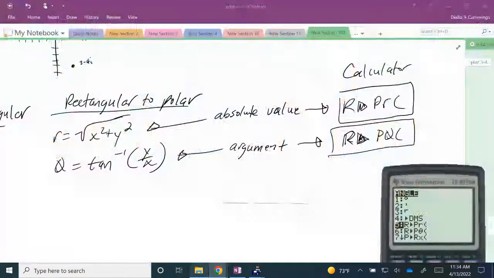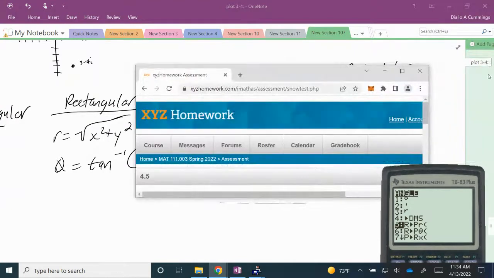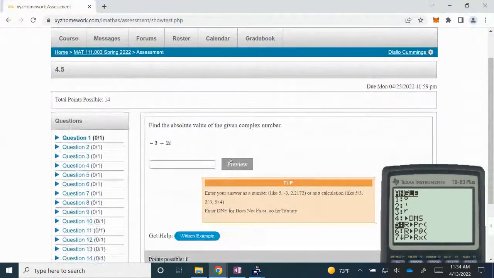Here we're asked to find the absolute value of the given complex number. So we have -3 minus 2i.